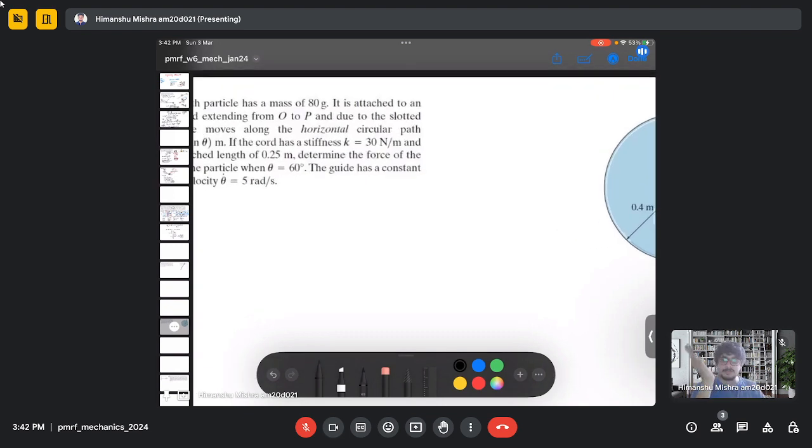So just to recap again, what we are doing is using the second law of motion to calculate the unknown quantities. In the previous weeks, we started with a static problem where we found the unknown quantities of force.